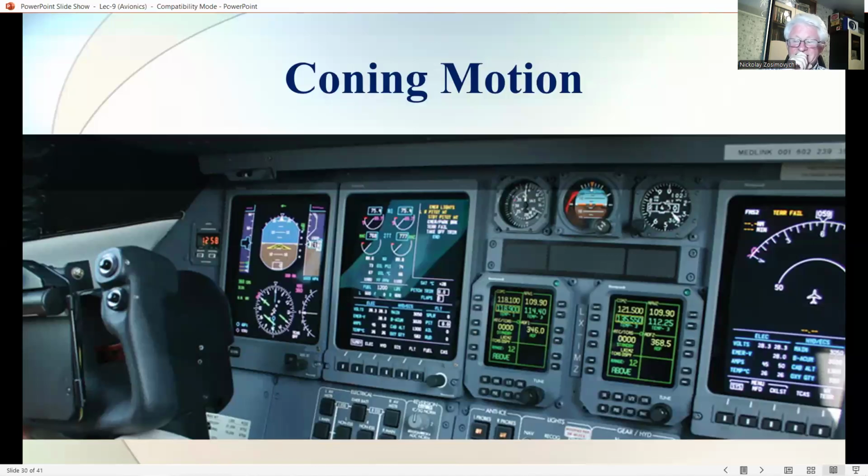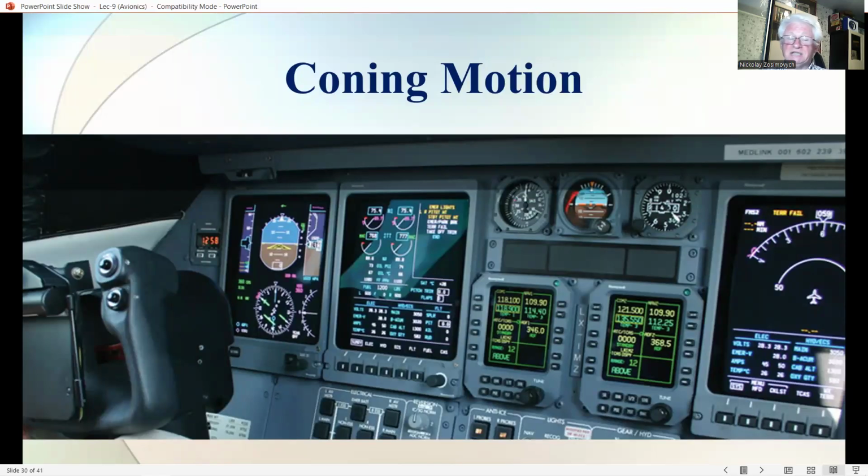Let's start another subtopic called coning motion. A brief explanation of coning motion is set out below in view of its importance as a possible source of error.